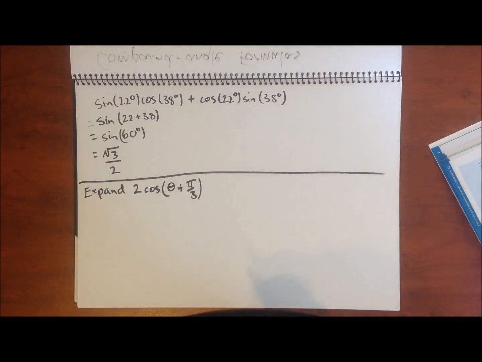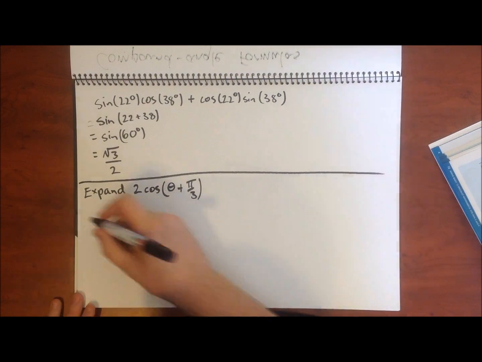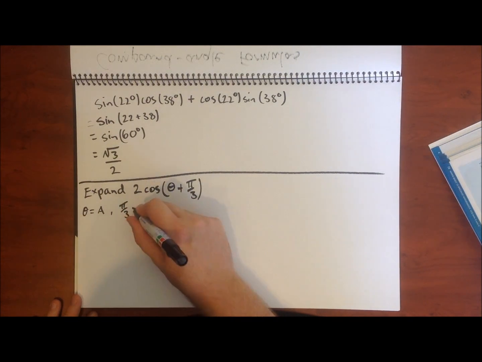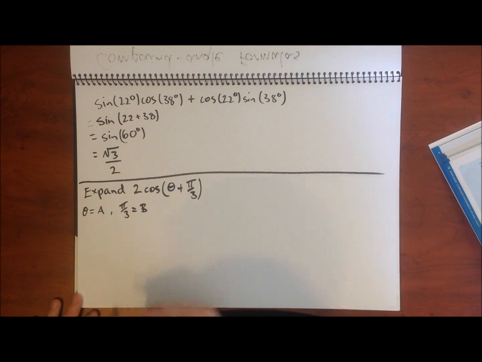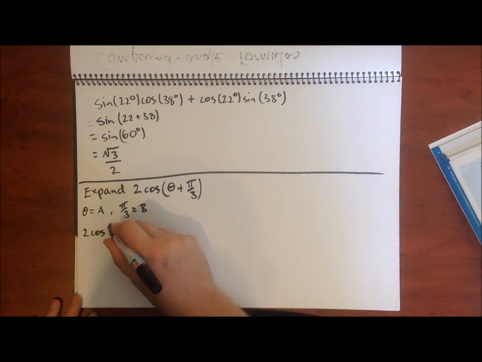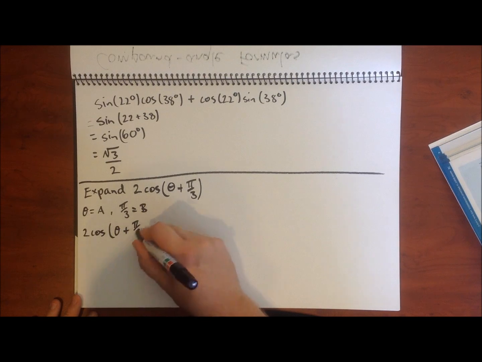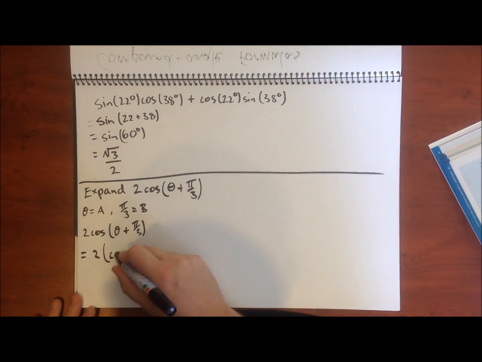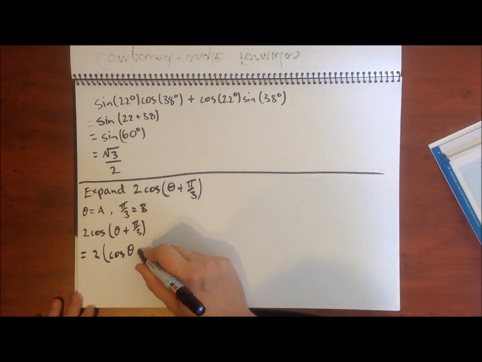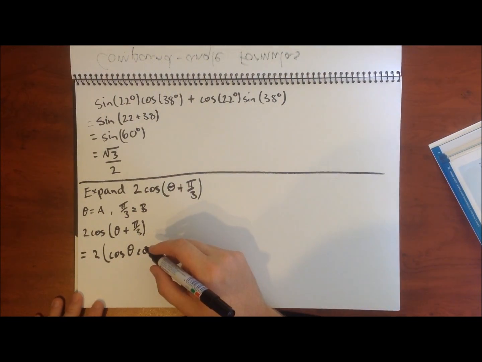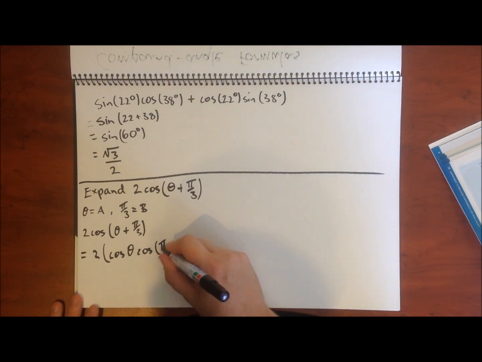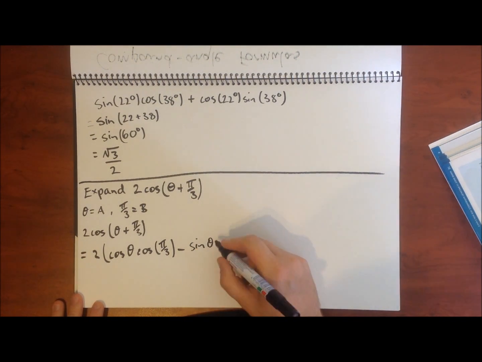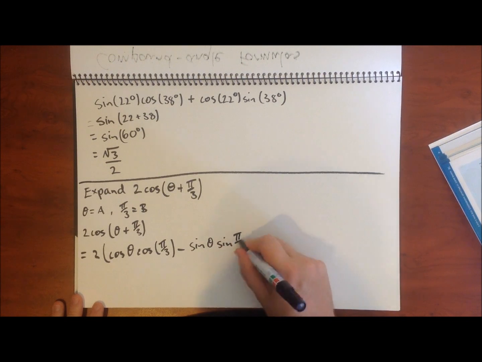Okay, so we're going to look at using our cos of A plus B. Okay, so we're going to say that theta is equal to A and pi on 3 is equal to B. Then we get 2 cos of theta plus pi on 3 equals 2 outside of cos theta cos pi on 3 minus sine theta sine pi on 3.